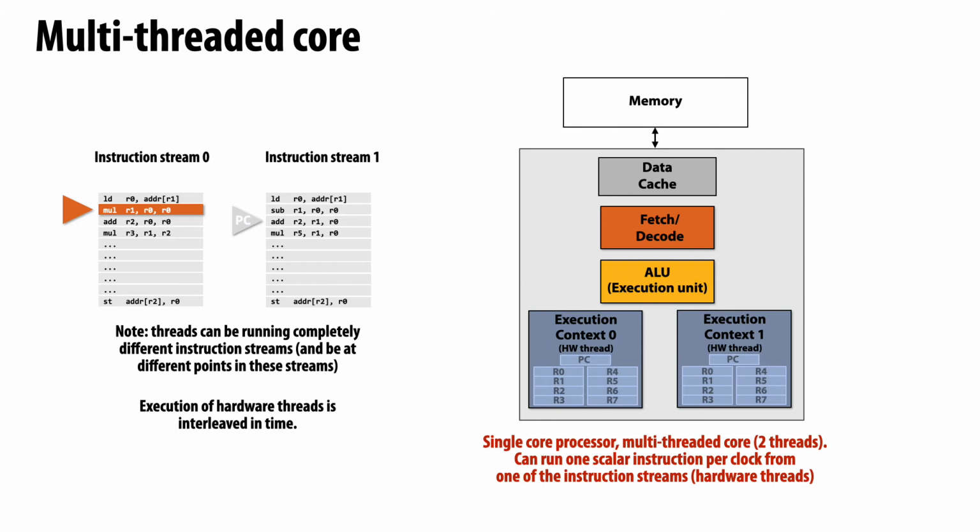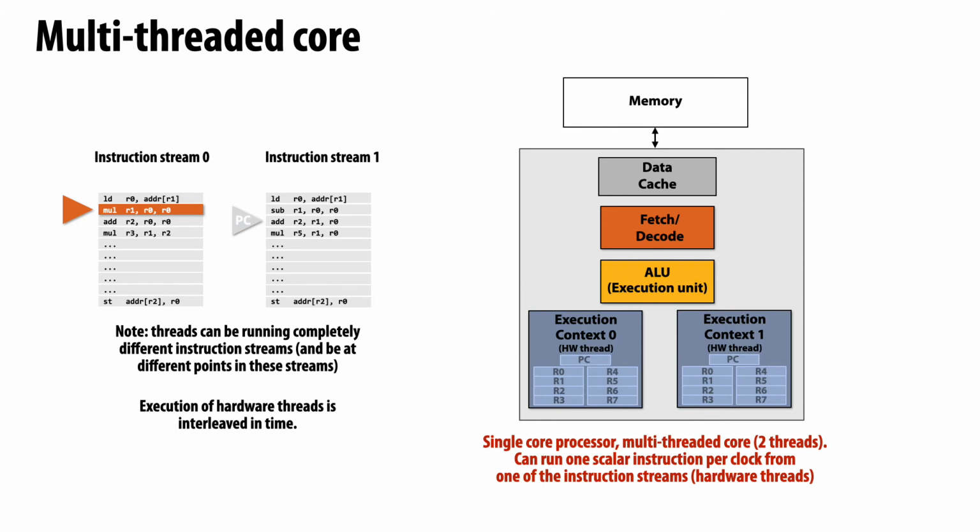Now this core is not superscalar or SIMD, so I went back to a single fetch and decode unit and a single ALU. Now notice that to use this processor in full, we need to give it 2 instruction streams. So now I have 2 different threads of control out here on the left, and notice that they are at different points in their execution.